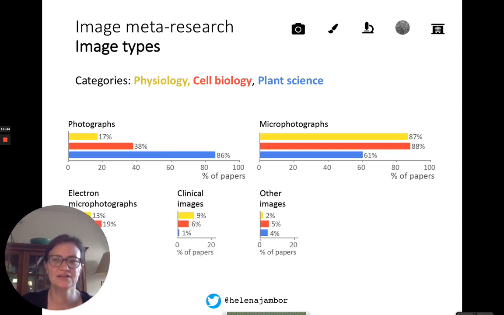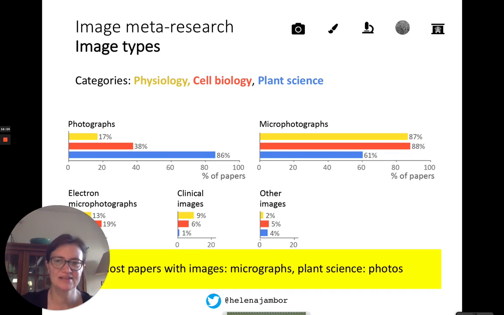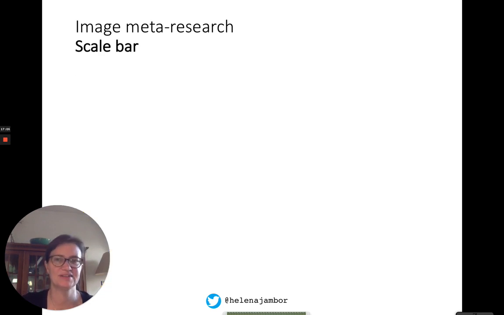The 3 other image types that we screened, clinical image or electron microscopes, appeared but were not prominent numbers. So to summarize that, most papers with images had microphotographs, while plant science had photos.